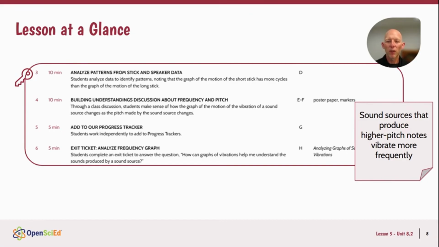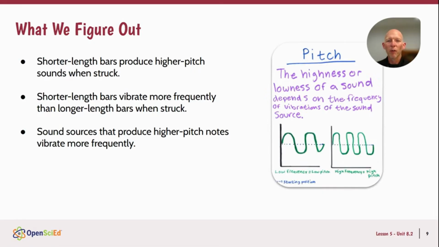To close the lesson, there's a good formative assessment opportunity that helps gauge student understanding not only from the concepts in this lesson, but also the previous lesson. So what we're figuring out in this lesson is that pitch is determined by frequency.